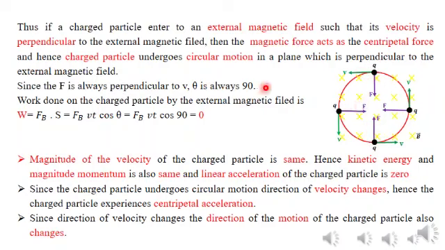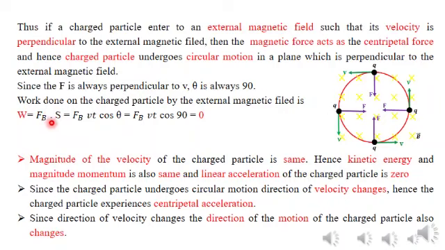Now we can check what the work done on the charged particle by the external magnetic field is when the charged particle is moving through it. We know work done W equals force into displacement. Here, we are considering the work done by the magnetic force, that's why Fb dot displacement S. But we know displacement is velocity into time.